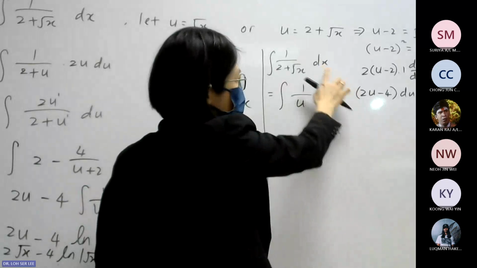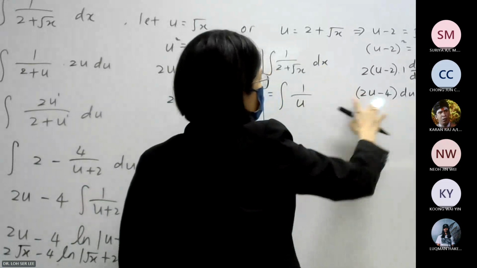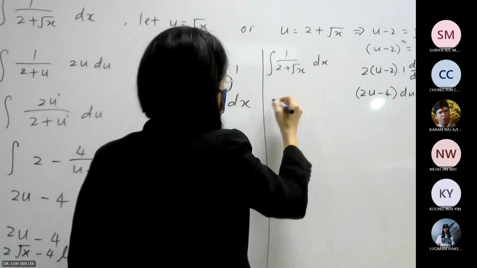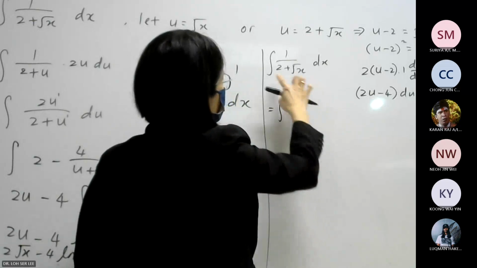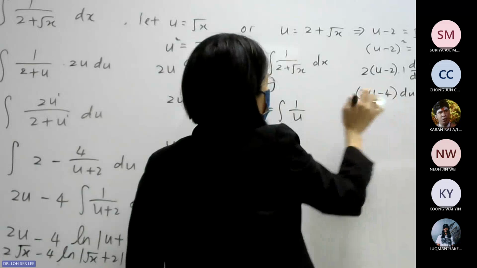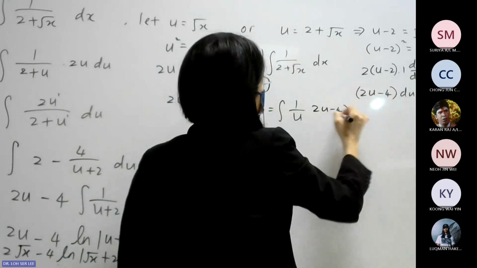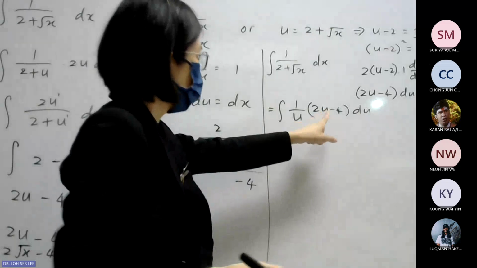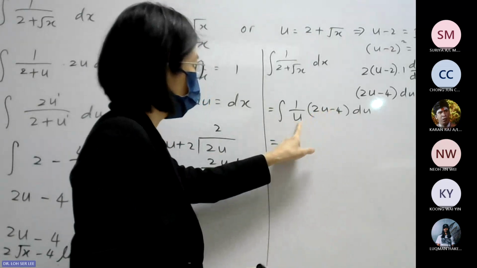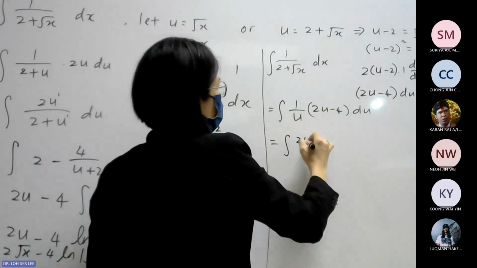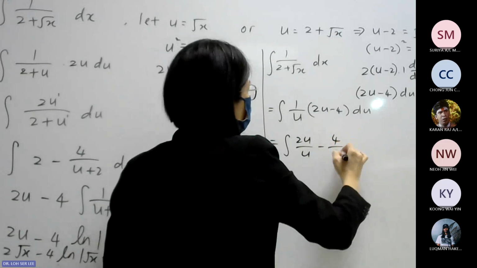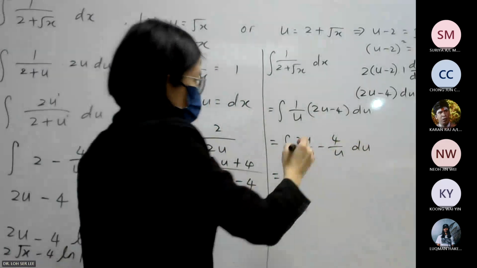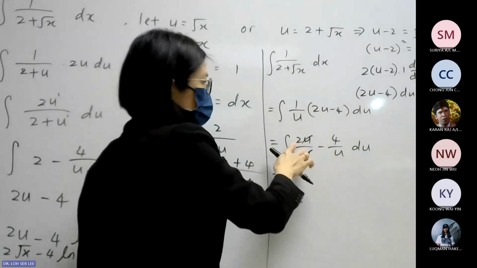So your dx will be 2u minus 4 du. This one divided by u means 2u over u minus 4 over u. Cancel out the u, you have 2.